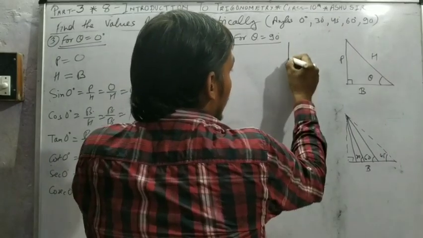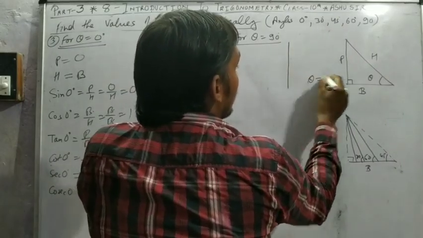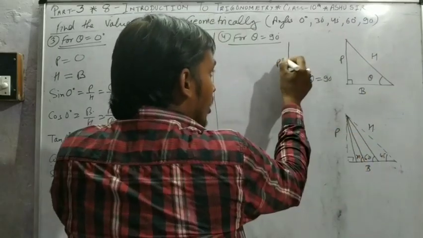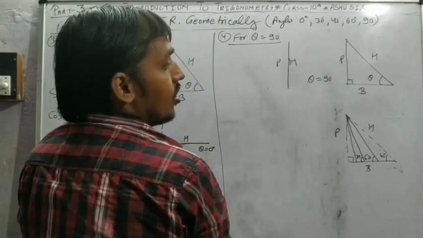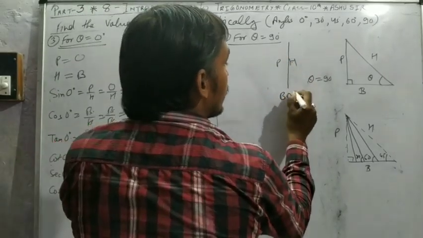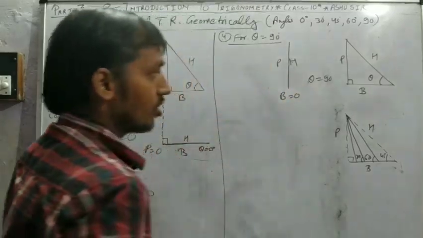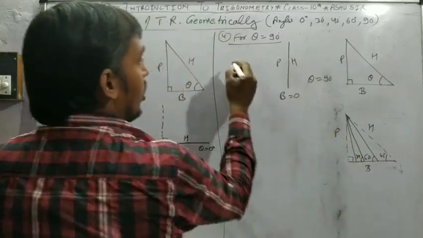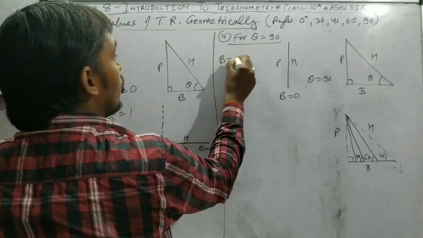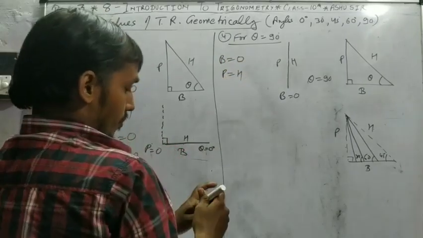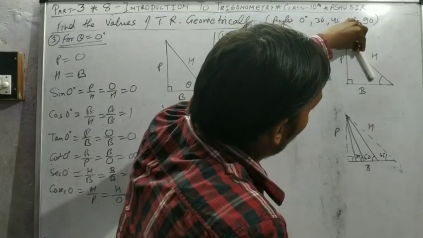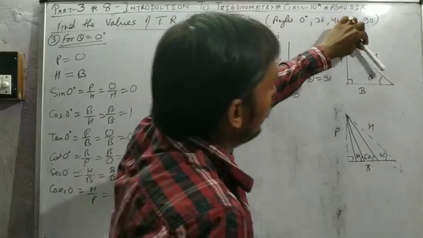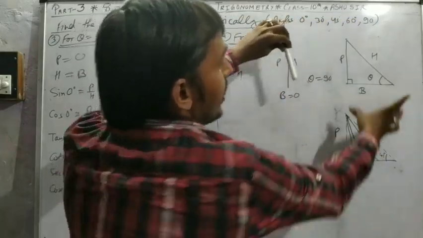So when theta becomes 90, the hypotenuse coincides with the perpendicular and the base becomes 0. The base is finished. Then you can say the base should be 0 and the perpendicular is equal to the hypotenuse, because they overlap each other. So hypotenuse and perpendicular coincide and the base is finished.